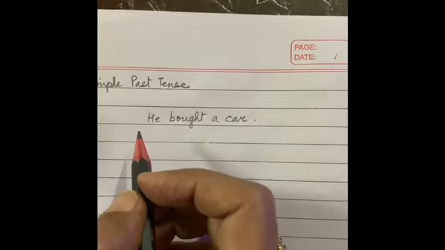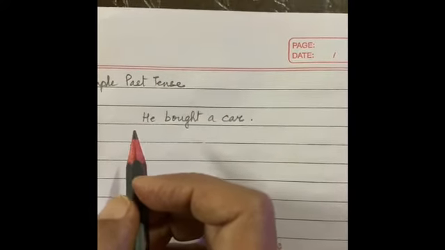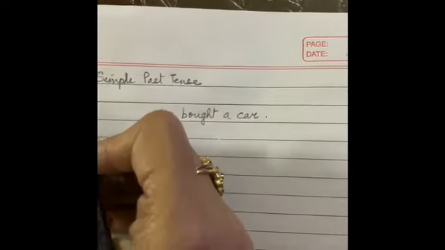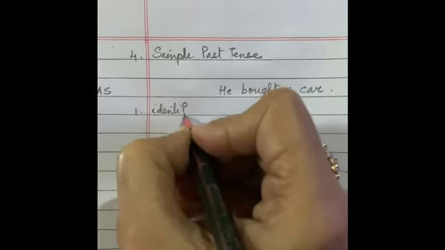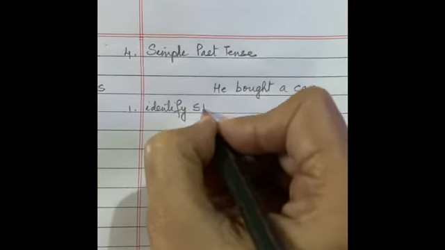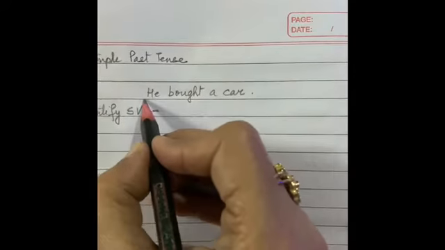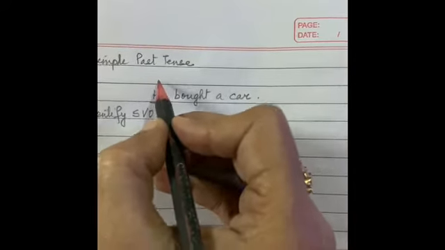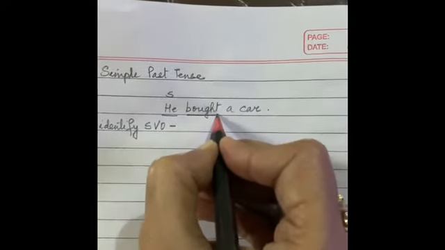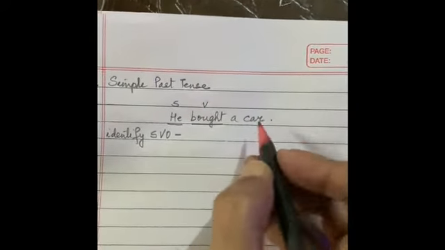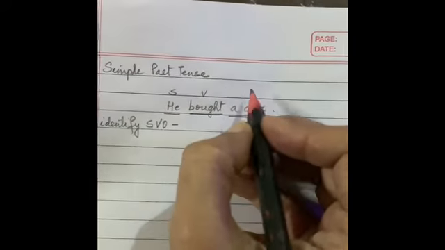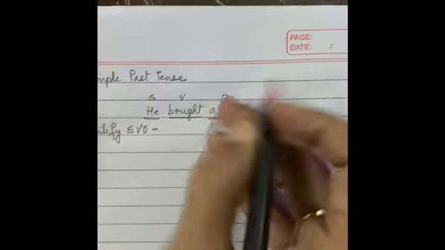For converting the sentence into passive, we will identify the subject, verb and object. So here he is the subject, bought is the verb, and a car is the object.